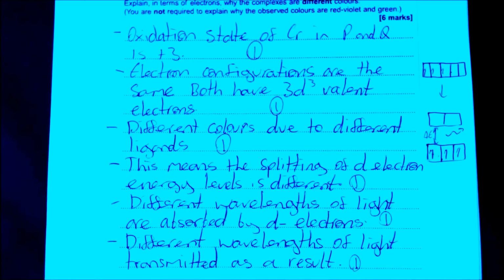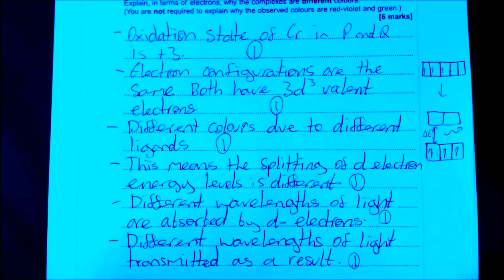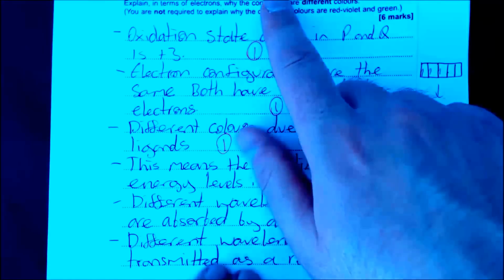It's very important to use the word transmitted rather than emitted, because the complex doesn't actually produce its own light. So we can't say emitted, but it does absorb a frequency of light, and then it transmits some of that energy that it received back out again as colours. Okay, so this is question 7. Let's look at the next question.